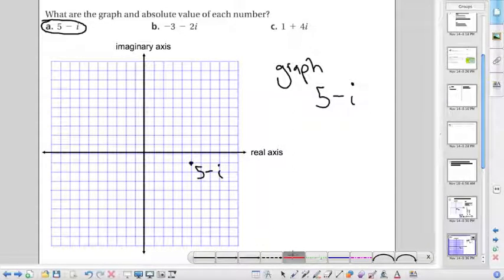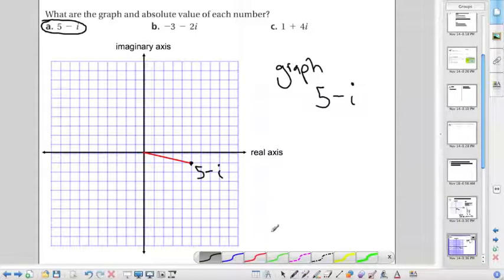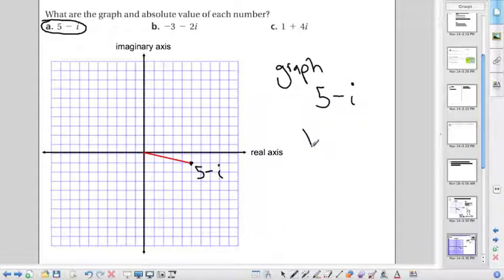Step 2, connect the point to the origin. So we connect the point to the origin, and now we use a squared plus b squared to find the distance.